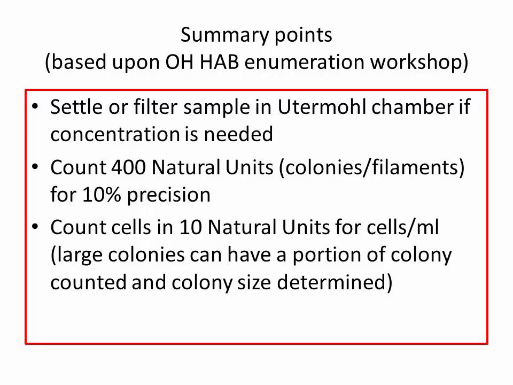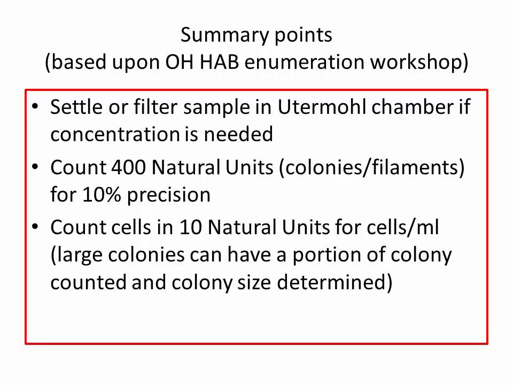and if they have large colonies, then a portion of the colony is counted and the colony size is measured, because at the same time you will have an ocular grid that actually gives you the size, plus you have the calibration on the grids as well.